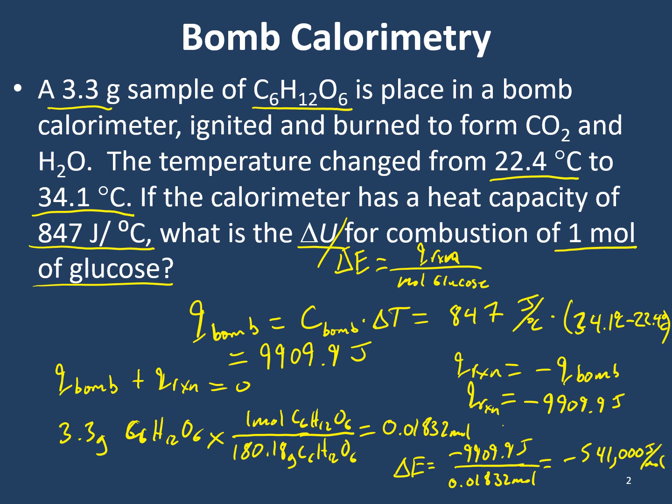Since I didn't specify what units of joules, this would be a totally acceptable value. I would probably give it in kilojoules personally, negative 541 kilojoules per mole is more accurate, and technically it should be only 2 sig figs, so negative 540 kilojoules per mole. All right, and that's pretty much it with bomb calorimetry.